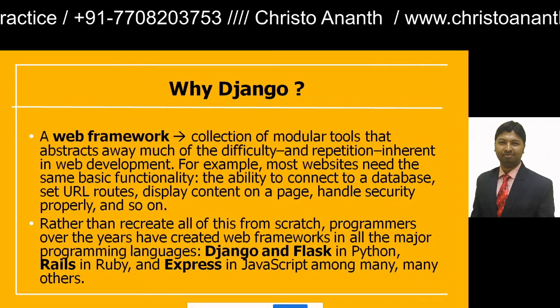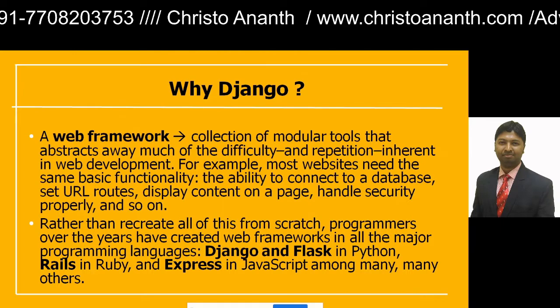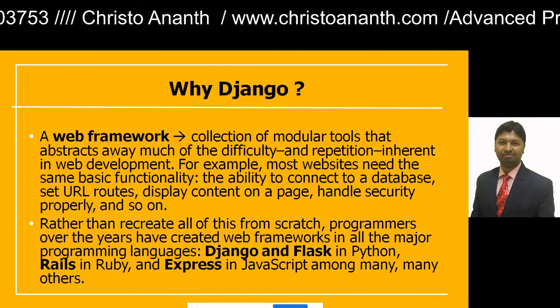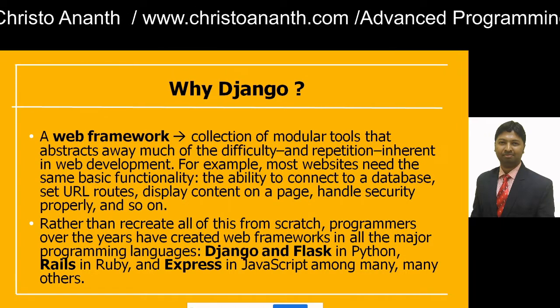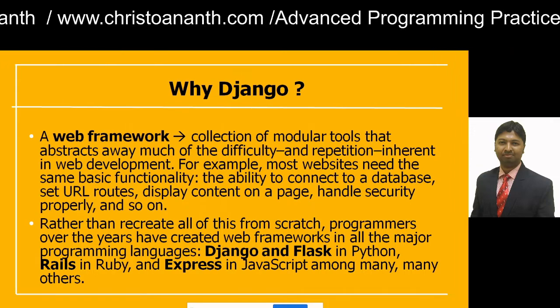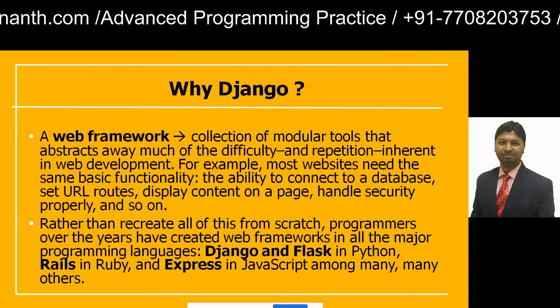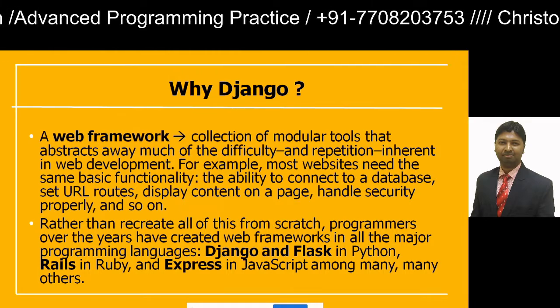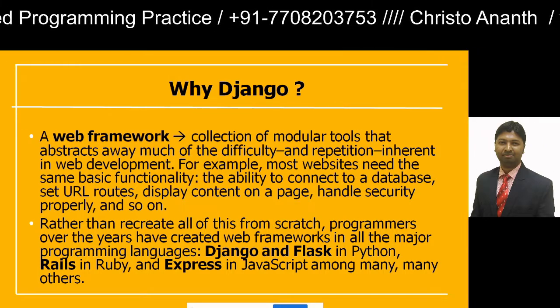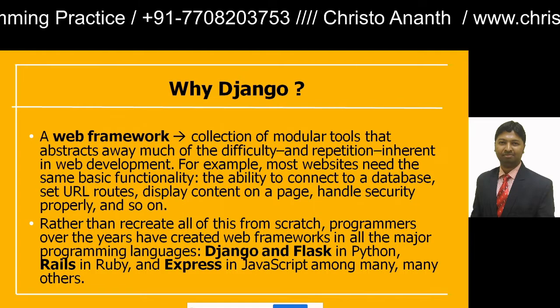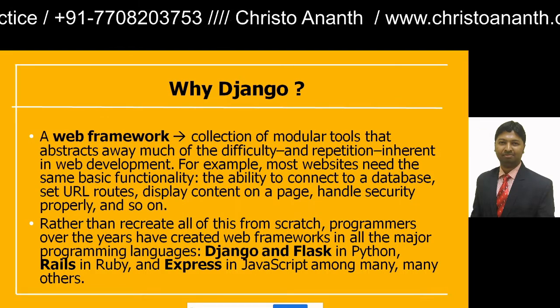If you can imagine Django, it's actually a web-based framework where we have a combination, or maybe a collection, of several tools that are going to perform repetitive tasks. But if you observe its characteristics, it is inherent in web development.